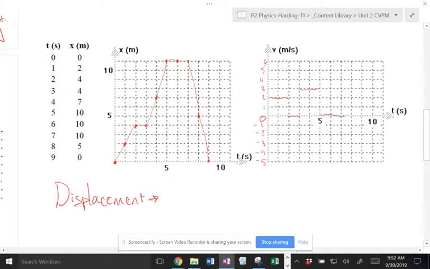It's going 0. Then it's going, what is this? 1, 2, 3. 1, 2, 3, 4, 5, 6? No. Oh, it's at 7.